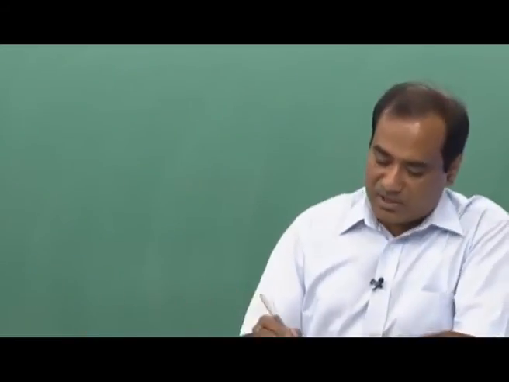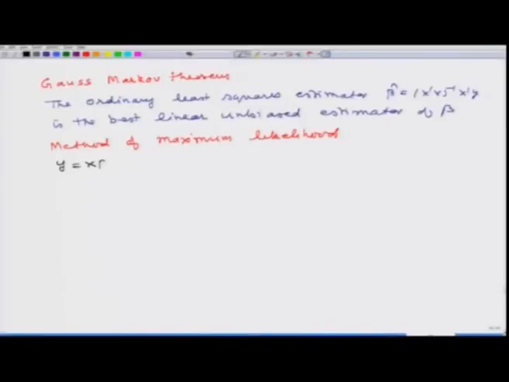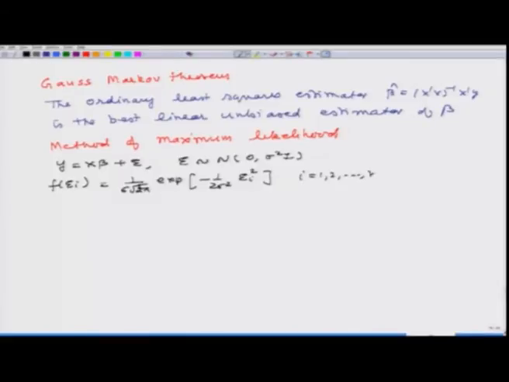So in the model y equal to x beta plus epsilon, we have assumed that epsilons follow a multivariate normal distribution with mean vector 0 and covariance matrix sigma square I, and we know that the probability density function of epsilon i is 1 over sigma root 2 pi exponential of minus 1 over 2 sigma square epsilon i square, where i goes from 1 to n.